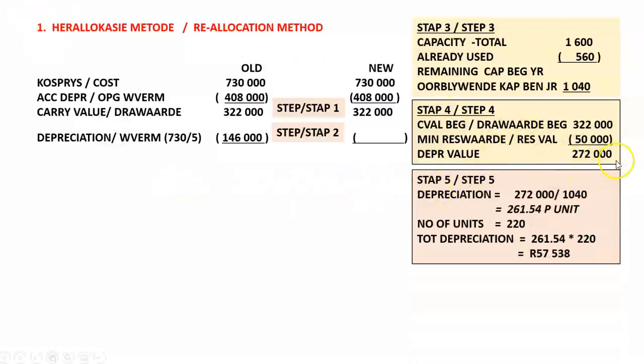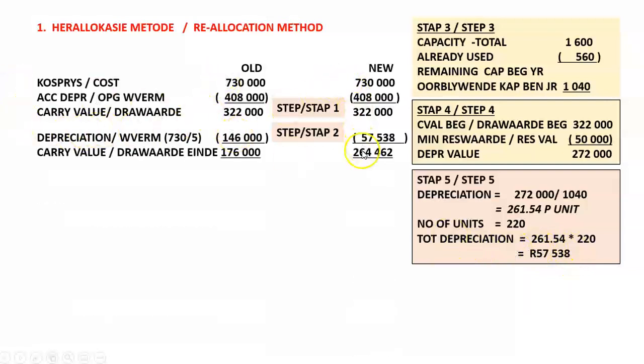Depreciation: my depreciable value divided by my remaining capacity of 1040 gives us 261.54 per unit, multiplied by our number of units for the year, 220, and that gives us total depreciation for the year, 57,538. Great.